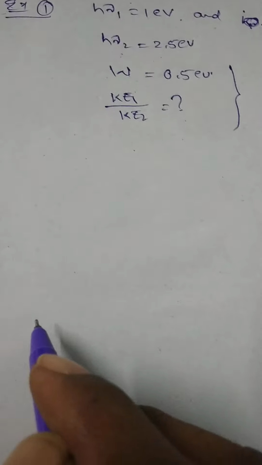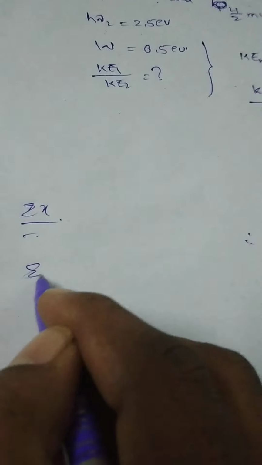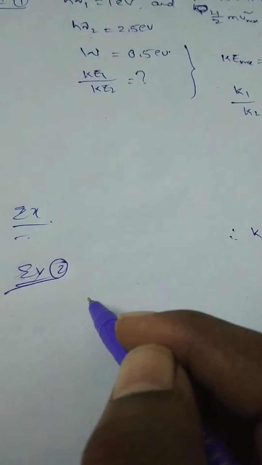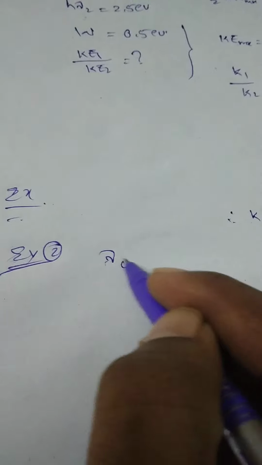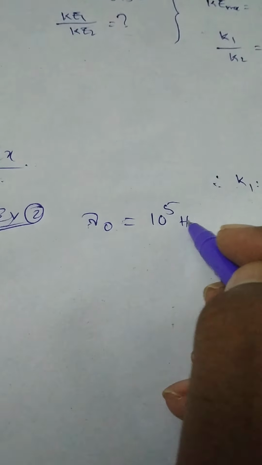Next one, second example. Example 2. Suppose the threshold frequency for a metal is given by nu naught is equal to 10 to the power 5 hertz.